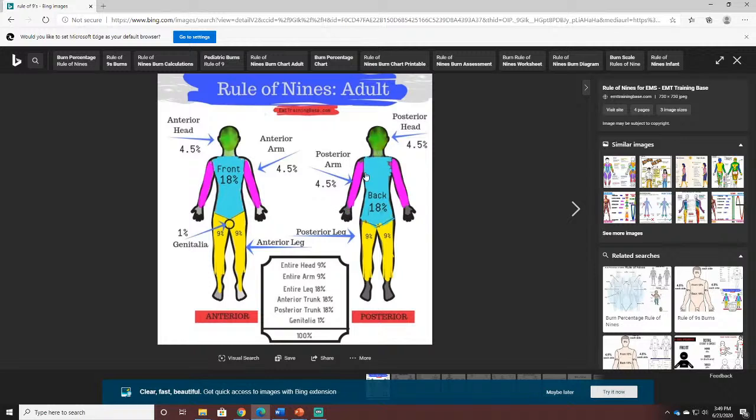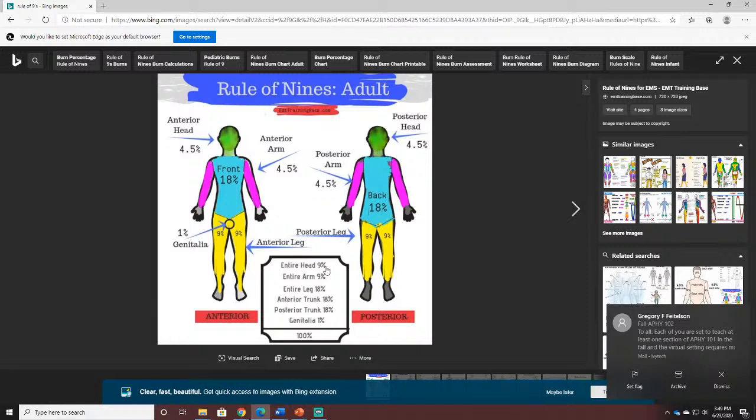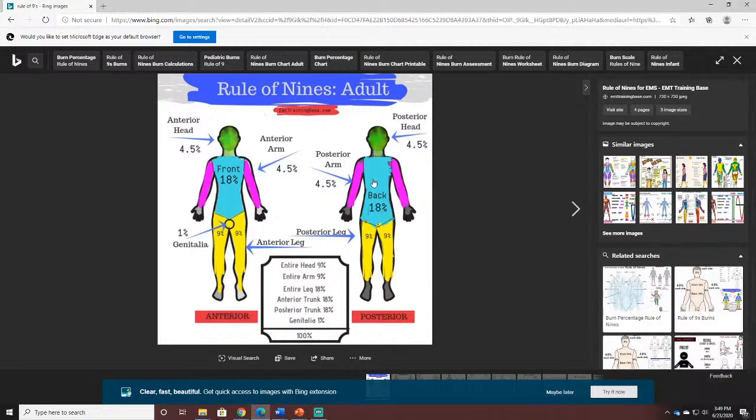And so each region of the body is worth 9%. The entire head, each arm is worth 9%. The front of the torso, 18%, back 18%.